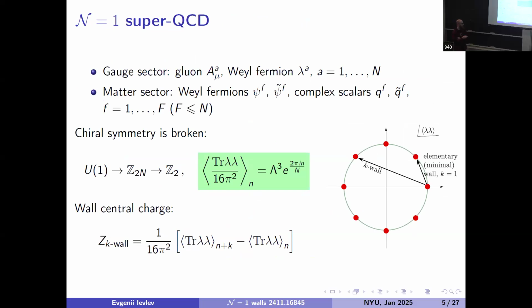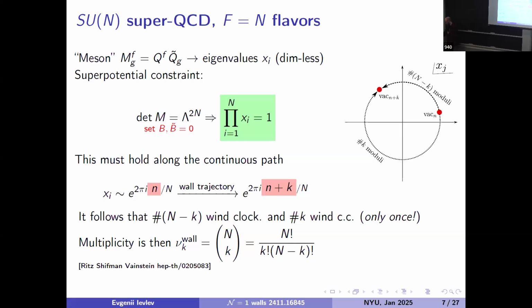So in this case, k equals 1 is the minimal domain wall, and k equals 3 is the wall shown here. You can actually study the domain wall trajectories in that case as well.